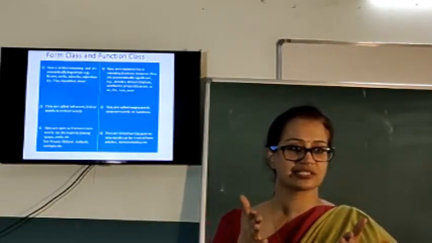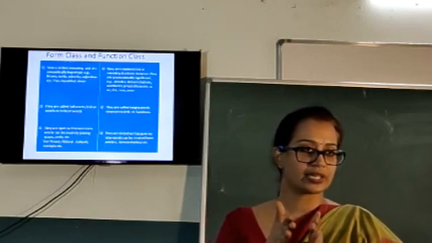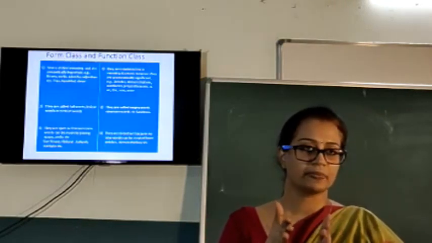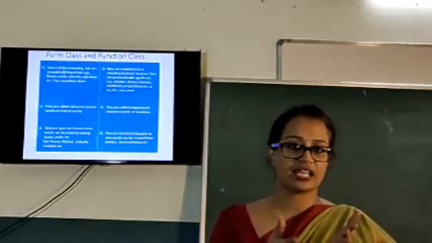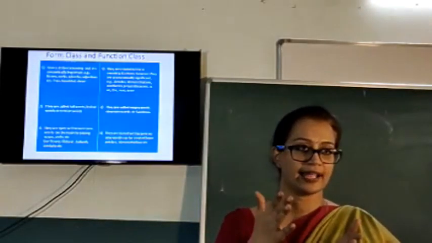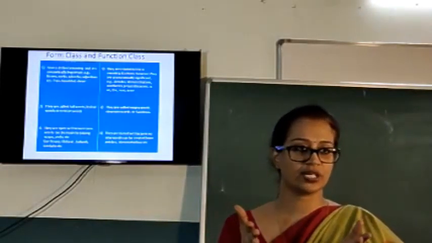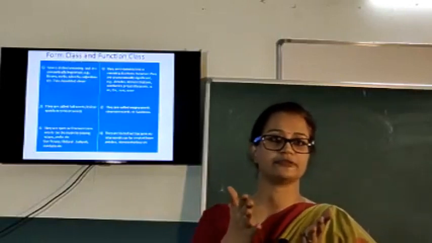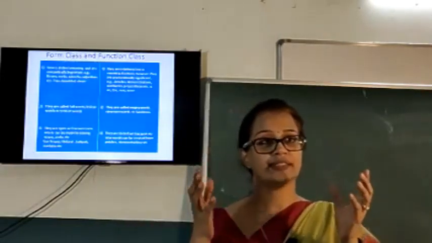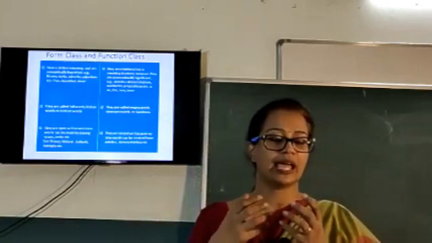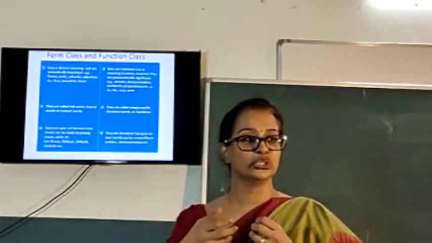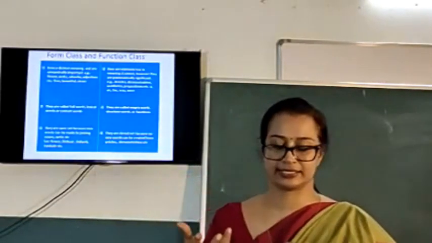Baby is a noun, sit is a verb. Joined together, you have a compound word, babysit. Next one, ice skate. Ice noun, skate verb. Joined together, you have a compound word, a new word. So they are open. They will help you form new vocabulary, new words.